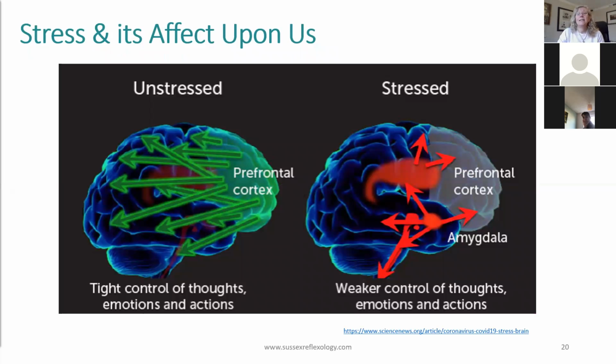Because when we're under stress, it is much harder to think rationally. It's much harder to have control of our thoughts and feelings and actions. And that's why sometimes when we're stressed, we make really poor decisions.